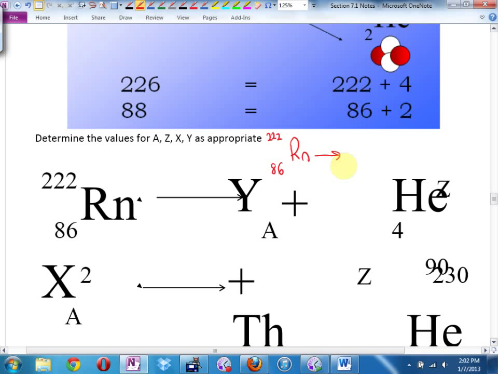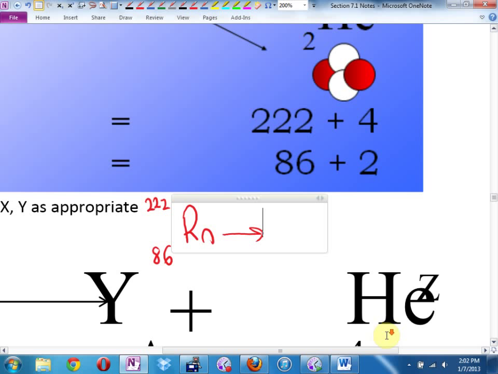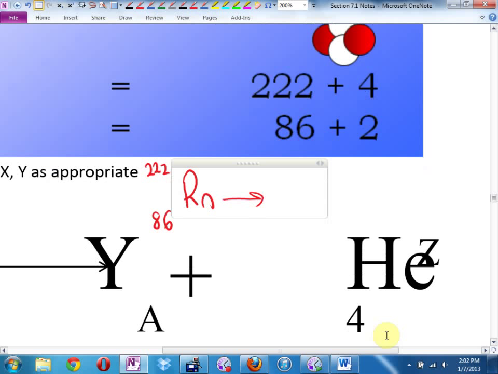It's going to decay. Arrow. Let me zoom in so you guys can see what I'm writing. Okay. It's going to give off an alpha particle, so I'm going to leave a space. Plus, here is my alpha particle, which has a mass of 4, and it's 2 protons.